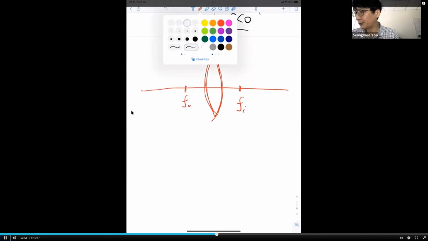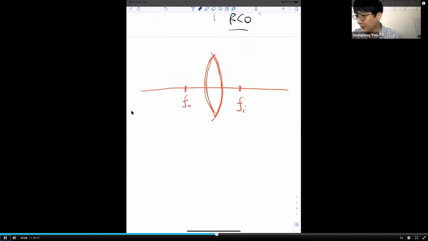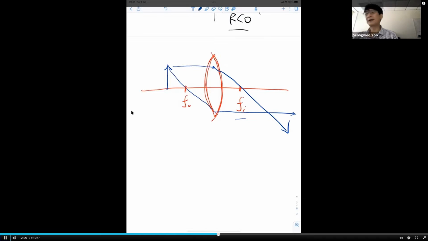Now I'm going to put the object somewhere here, and then we are going to use the same useful rays. The parallel incident ray will go through the imaging focal point, and the incident ray through the object focal point will refract to a parallel ray.